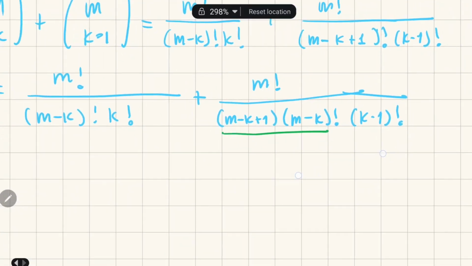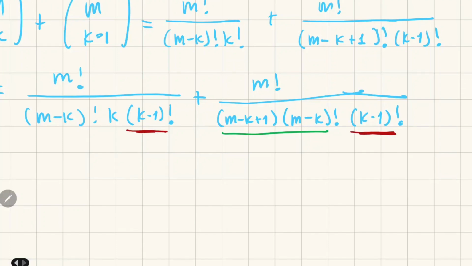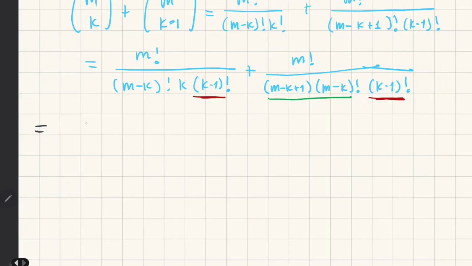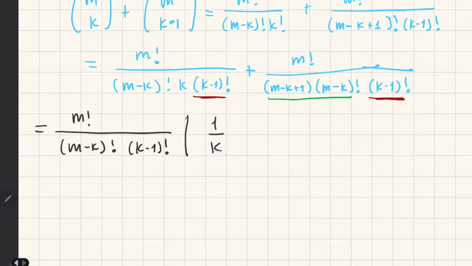Recall that to get the same denominator on both expressions, we can take this k factorial to be equal to k times k minus 1 factorial, right? Just to get this k minus 1 factorial in both expressions. So that means that we can take a common factor, like m factorial divided by m minus k factorial, and then k minus 1 factorial, and this multiplies 1 divided by k, and then plus 1 divided by m minus k plus 1.